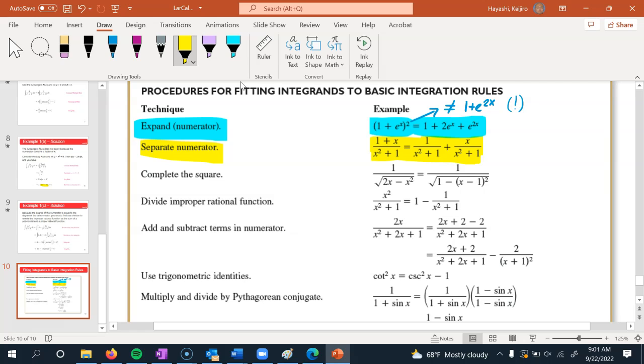And the part with the x on the top, that can be a u substitution. You just need an extra 2 on the top, for it to be 2x, so that it can be du, and you can use that u substitution. But you have to split it up first for that to be possible.